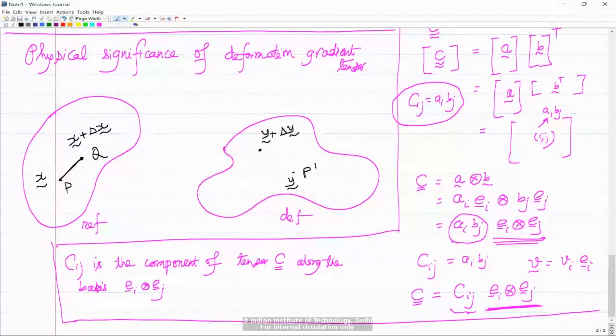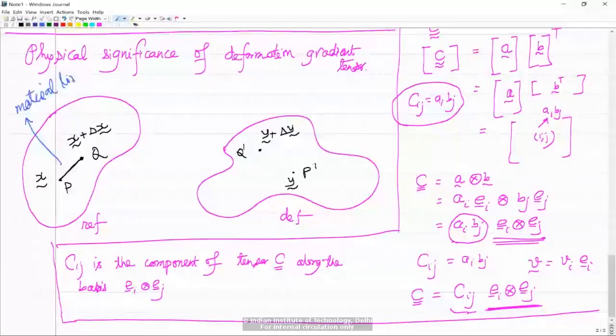And since it's a material line, so that's Q prime basically. But notice that it's a material line. So it's very important to understand this. So this is a material line.